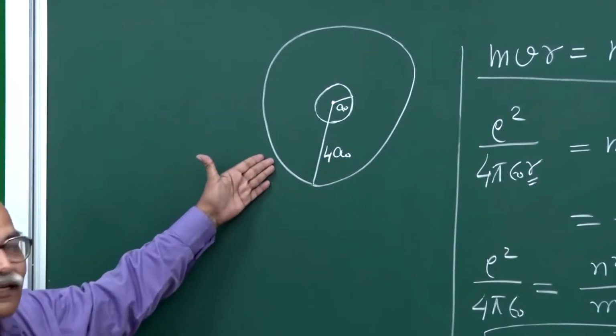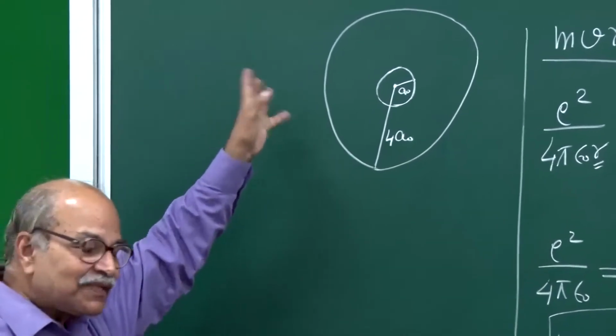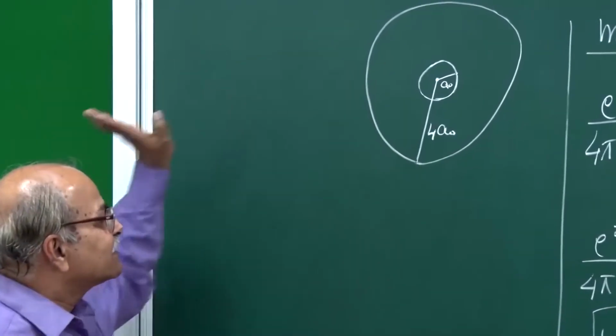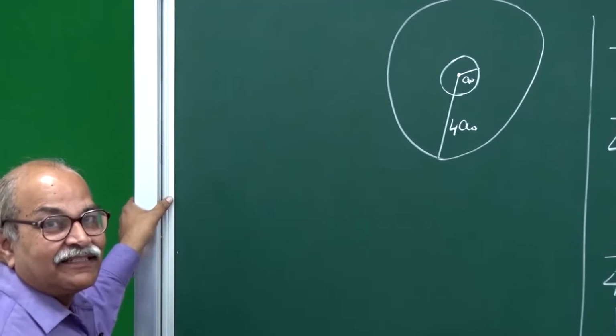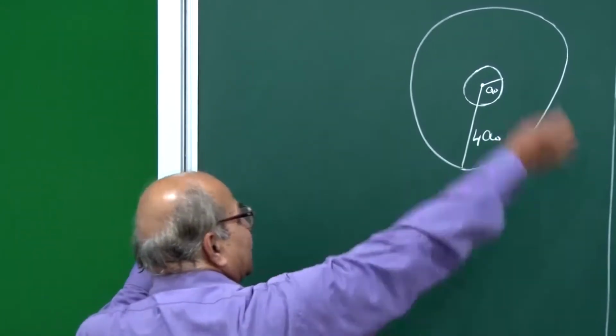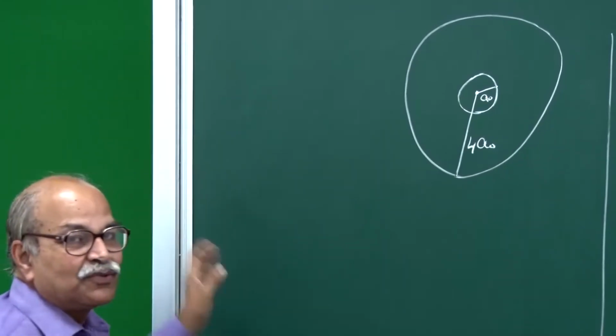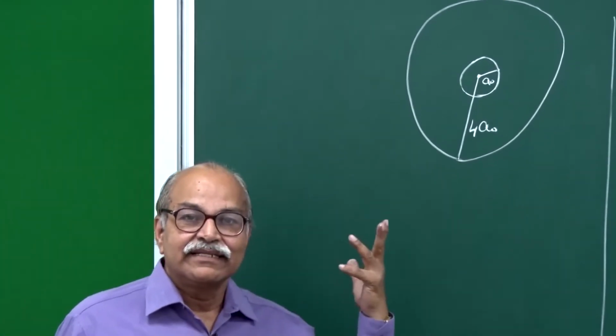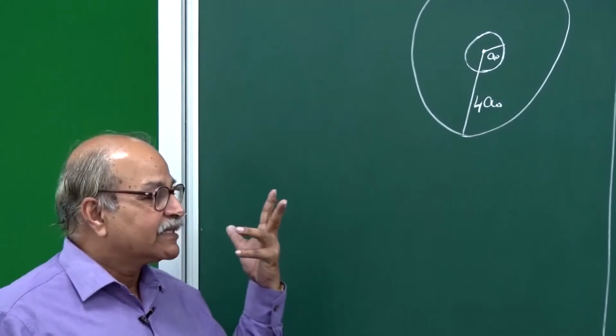It doesn't look like a circle, but you always assume whatever I draw is a circle. And then the next one will be 9 times A0, like that. So you have n equal to 1, n equal to 2, n equal to 3. These are stationary orbits.